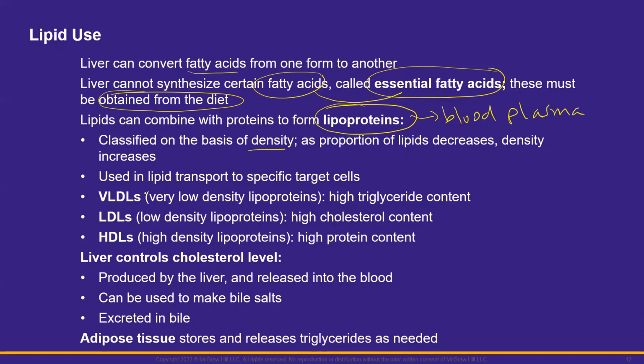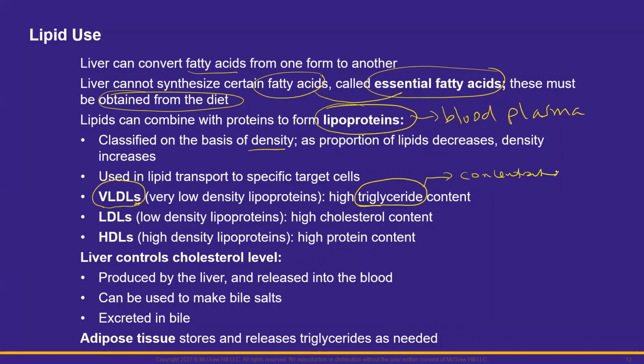For example, VLDL, very low density lipoprotein, has a high triglyceride content. So if you go to a doctor or clinic, for example, they will measure this VLDL as a triglyceride concentration.